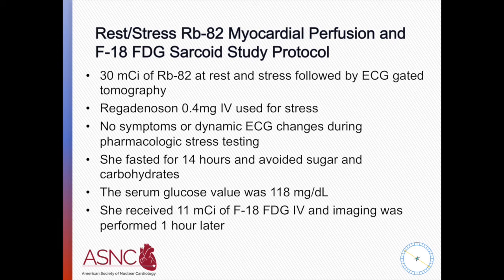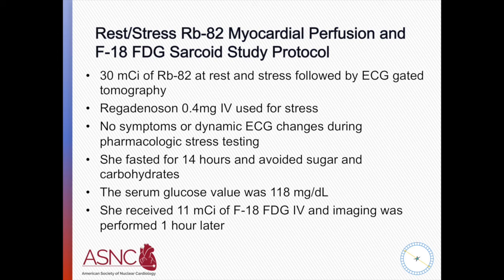Now, what else can you do that may optimize the lack of glucose utilization? Yeah, one thing that people have studied is the use of heparin before the study, and the rationale behind that is that heparin might increase the free fatty acid liberation into the blood pool, allowing the heart to utilize fatty acid rather than glucose.